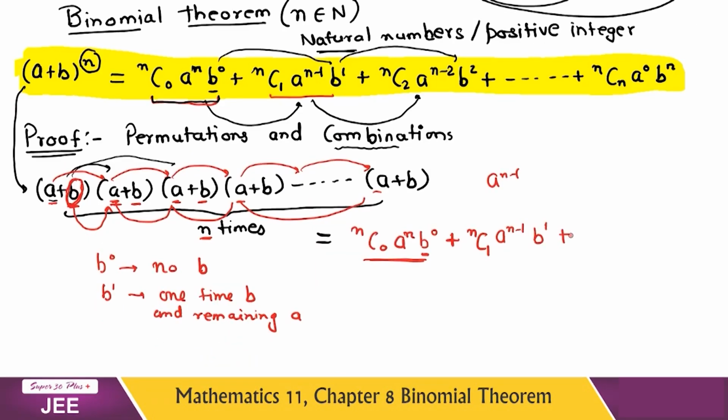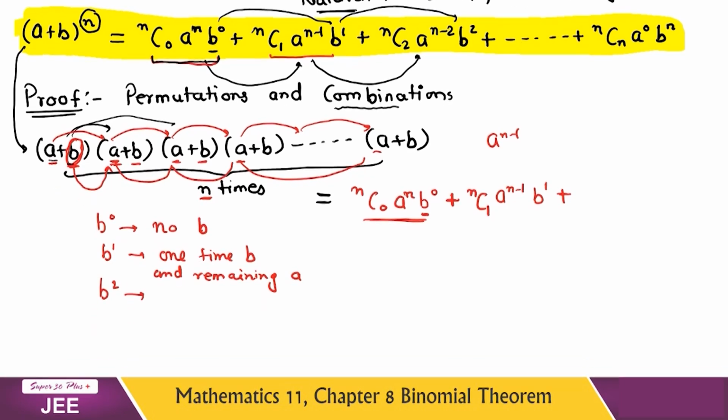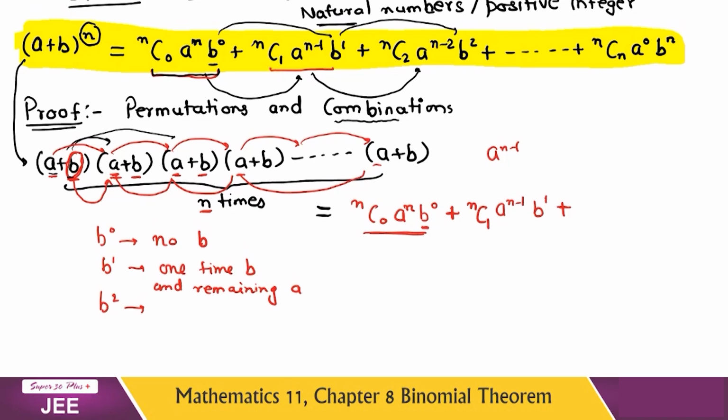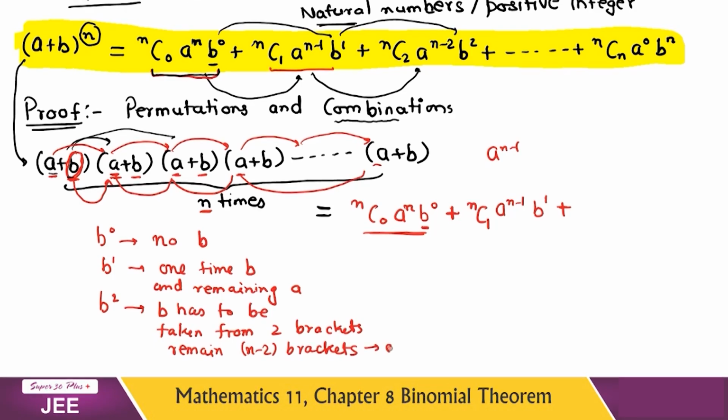Third term, let's see. Now we want b raised to the power 2. Now start thinking on your own and start analyzing, start using your brain: we want b raised to the power 2. It means b has to be taken from 2 brackets, and from the remaining n minus 2 brackets, we want a.